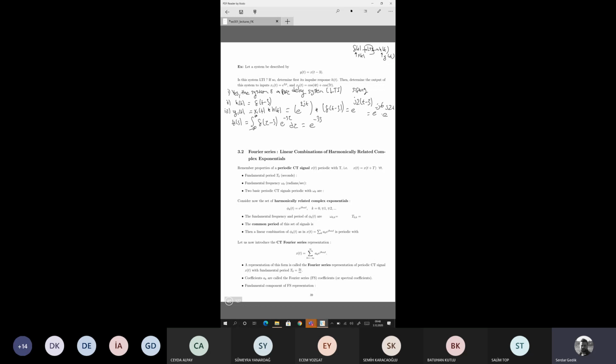I know that y of t is h of s times e to the power st. So y of t is simply h of s evaluated at s equals j2 times e to the power j2t. So instead of s, I have now j2. I have evaluated h of s at s equals j2, and it is simply e to the power minus j6 times e to the power j2t.